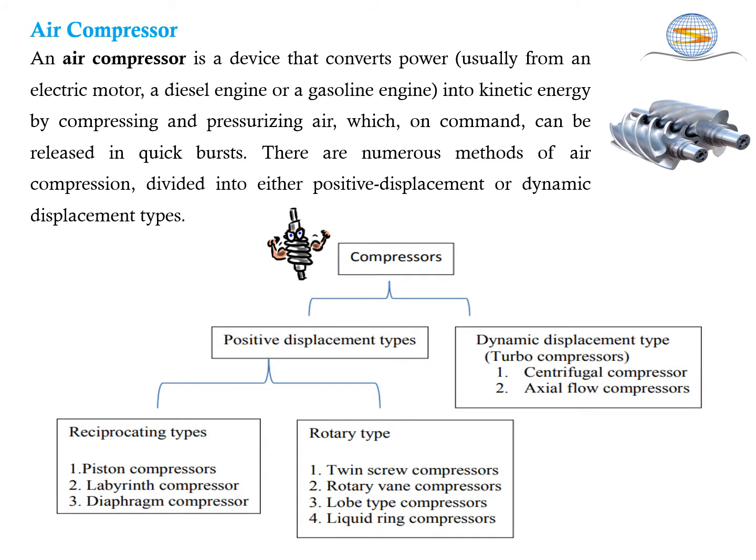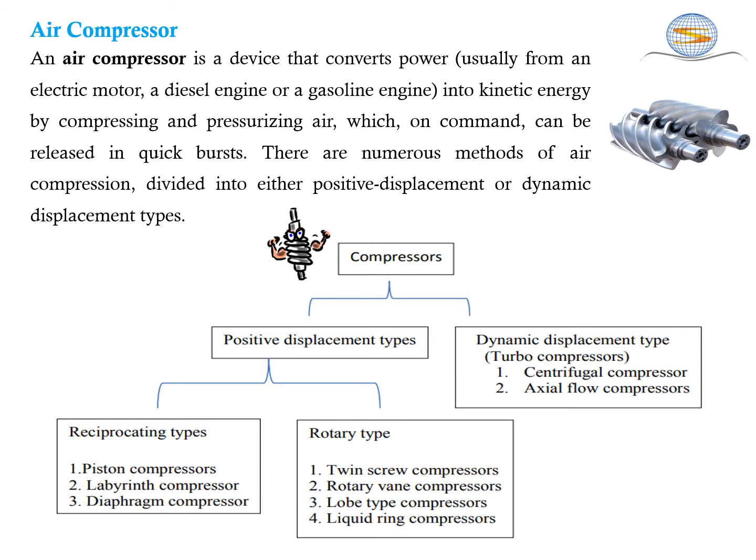This block diagram shows the classifications of compressors. Air compressors are divided into two categories, positive displacement and dynamic displacement type. Positive displacement type is again subdivided into two categories, reciprocating type and rotary type.